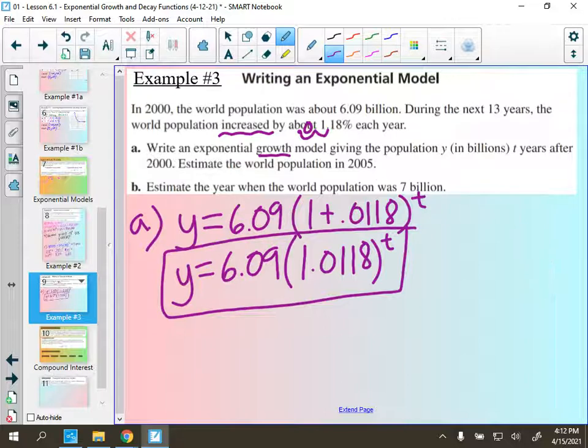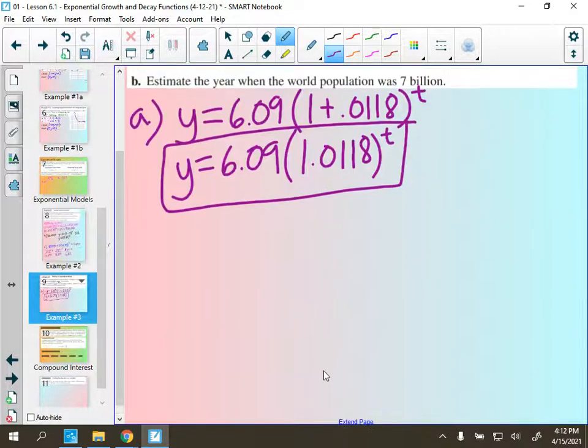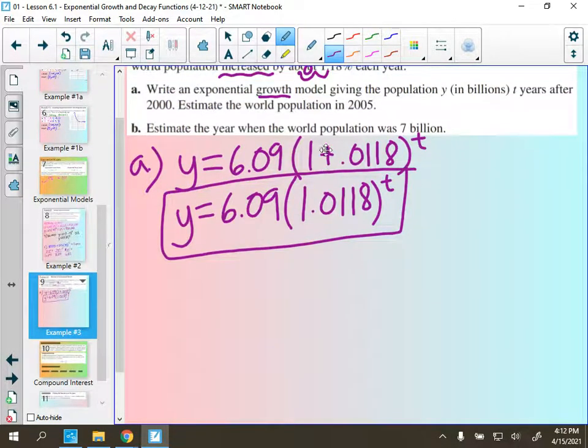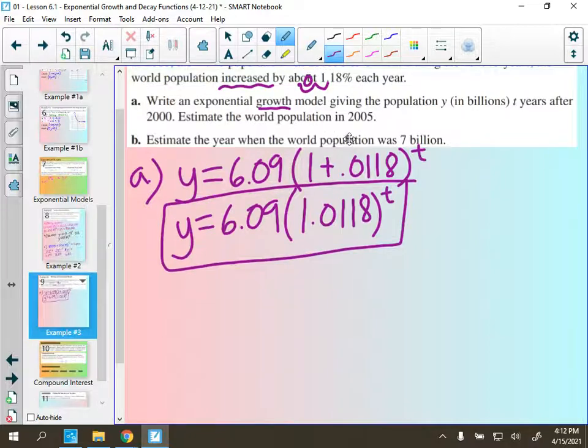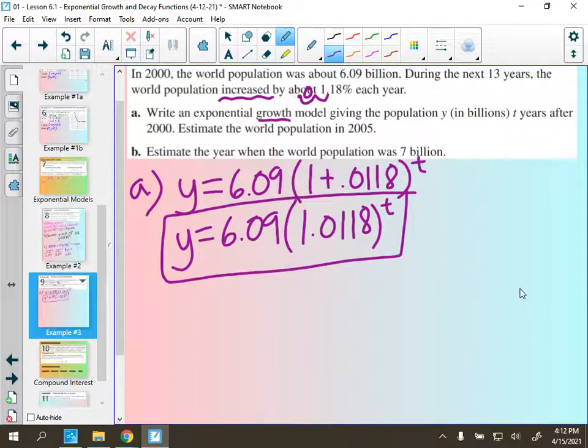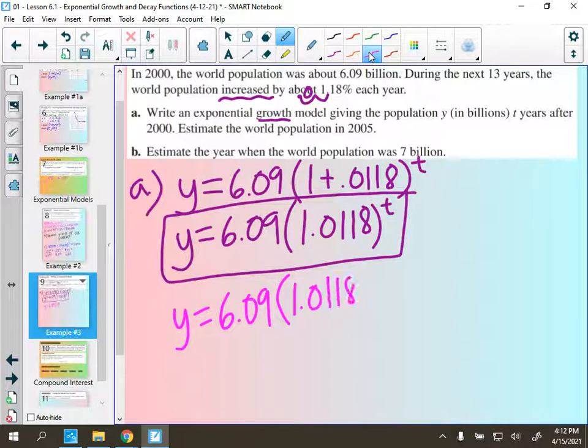So the follow-up is, all right, this model that you just came up with, let's use it. In the year 2005, what was the population of the world? We're going to use the model, 6.09 billion. We'll just remember to tack that on the end. 1.0118, and now it's giving us 2005, but that's years after 2000, so we should plug in a 5 there.